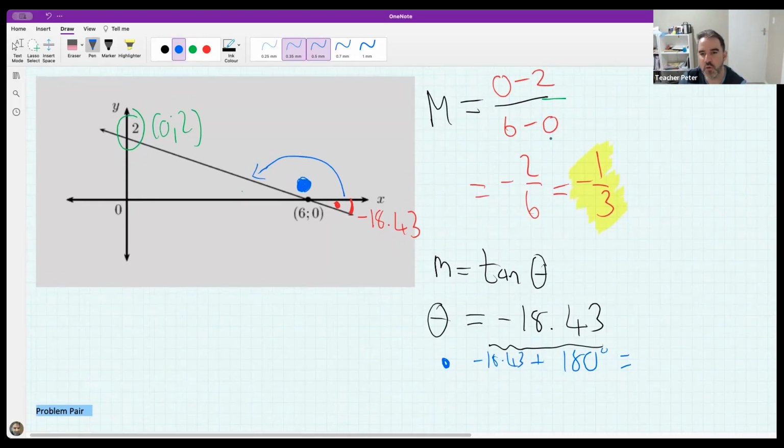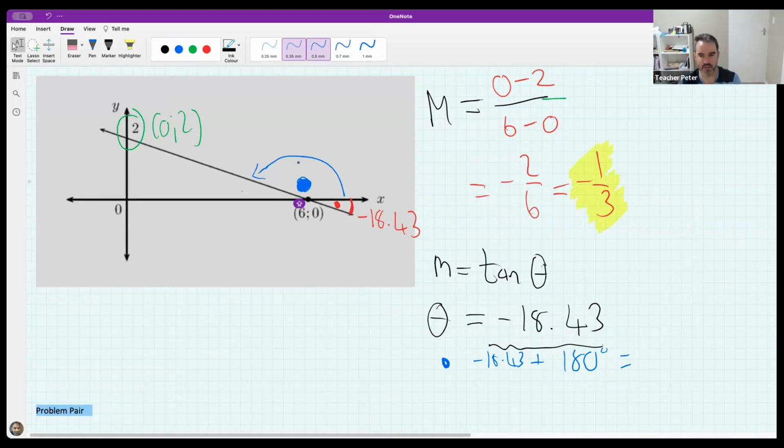So when you are dealing with negative gradients, you won't get the angle of inclination straight away. You either ignore the negative and go 180 minus, or the simplest way is just to add 180. So what is the size of the blue angle going to be? What's the angle of inclination? We'll do another one like this in a moment so you can get used to it.